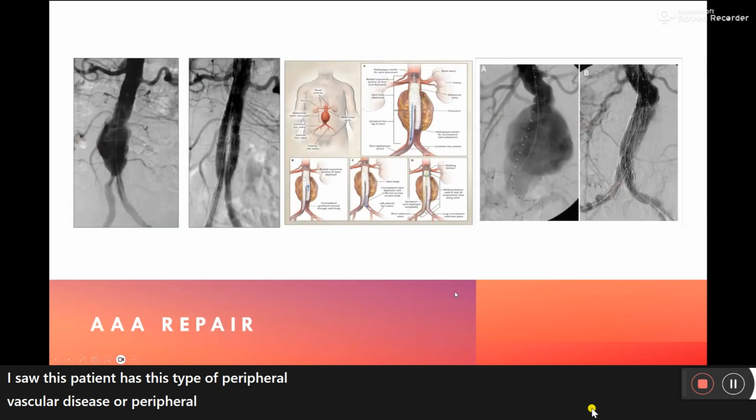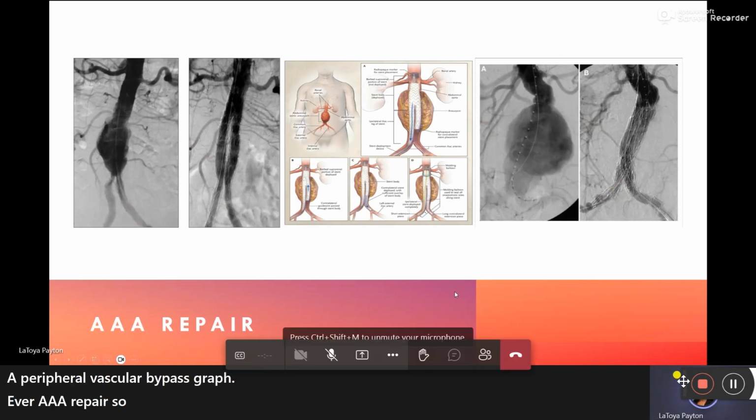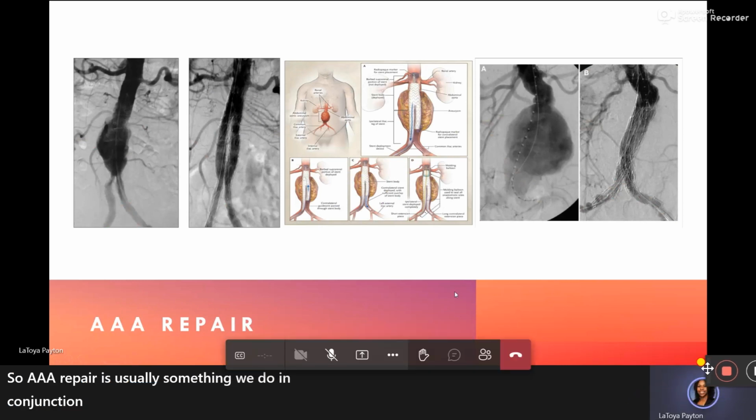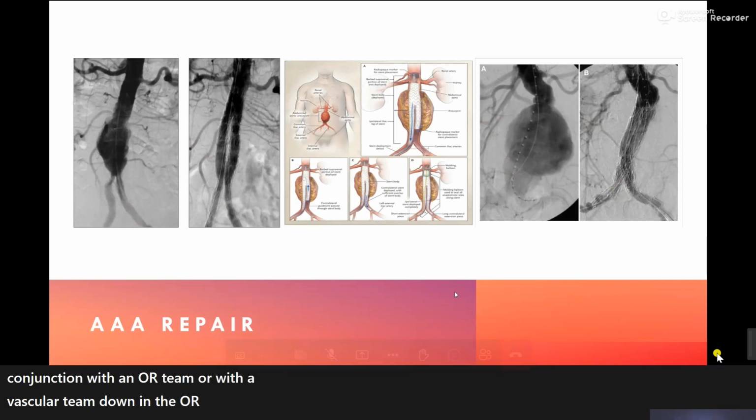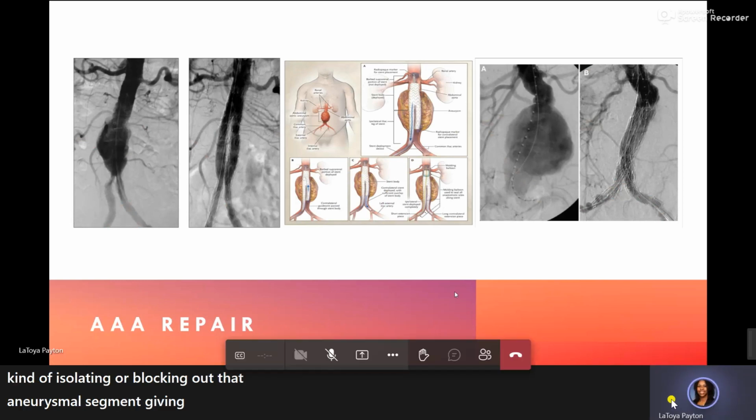AAA repair. AAA repair is usually something we do in conjunction with an OR team or with a vascular team down in the OR. AAA, abdominal aortic aneurysm: they're going to go in with a stent graft and place it inside of the aorta, isolating or blocking out that aneurysmal segment, giving the blood flow a safe, patent pathway to flow.